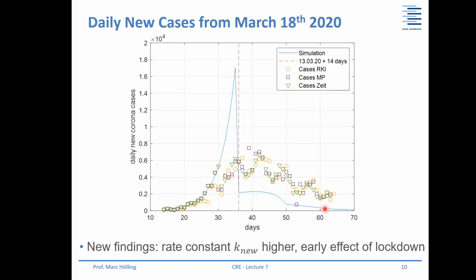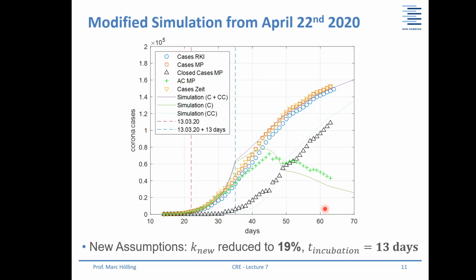But it's a model, so we can easily adapt it. And what do I have to do? I just have to change two parameters. I'm setting the new reaction rate to 19%, so 19% of this 3.3 times 10 to the power of minus 9.